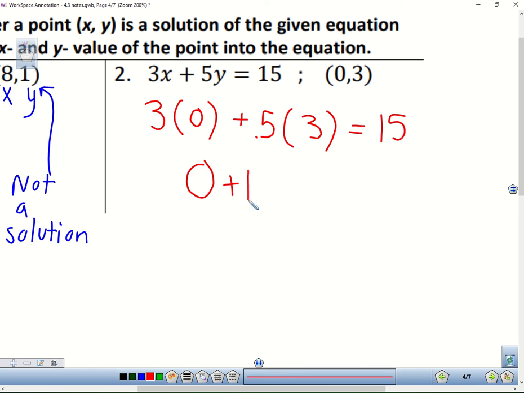So 0 plus 15 is equal to 15. So is that true or false? True. So is this a solution? Yes, it is a solution. You guys getting the idea here? Okay.